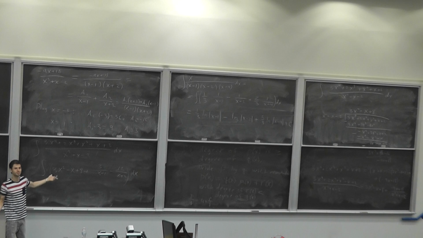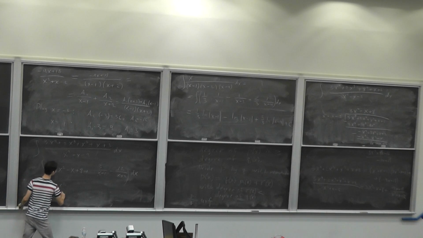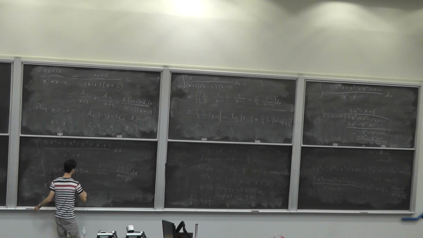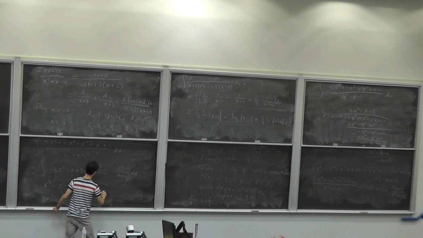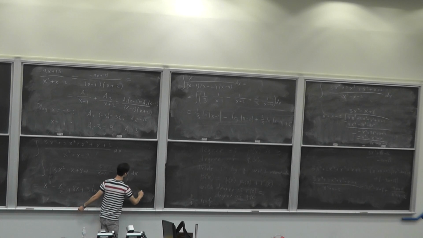And now this integral is quite obvious. It's x cubed minus x squared over 2 plus 8x plus 3 times the log of x minus 1 minus 12 times the log of x plus 2.